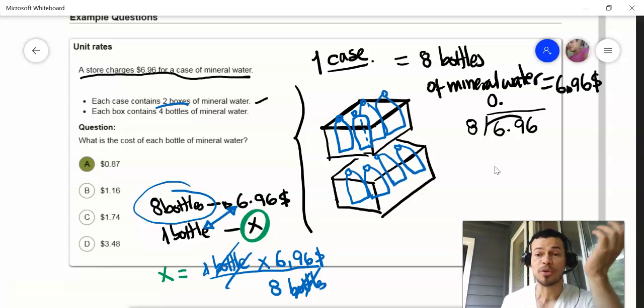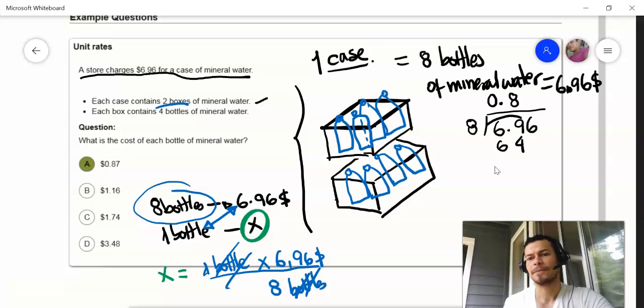And yes, you can put groups of 8 into 69 because 69 is greater than 8. So which number are we going to use? If we use 8, 8 by 8 gives us 64, right? And then we subtract 69 minus 64. 9 minus 4 gives us 5, and 6 minus 6 gives us 0.